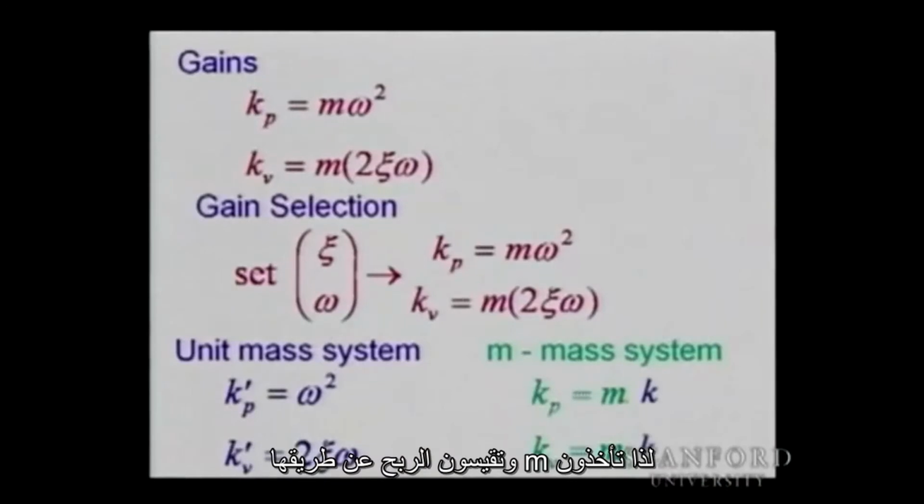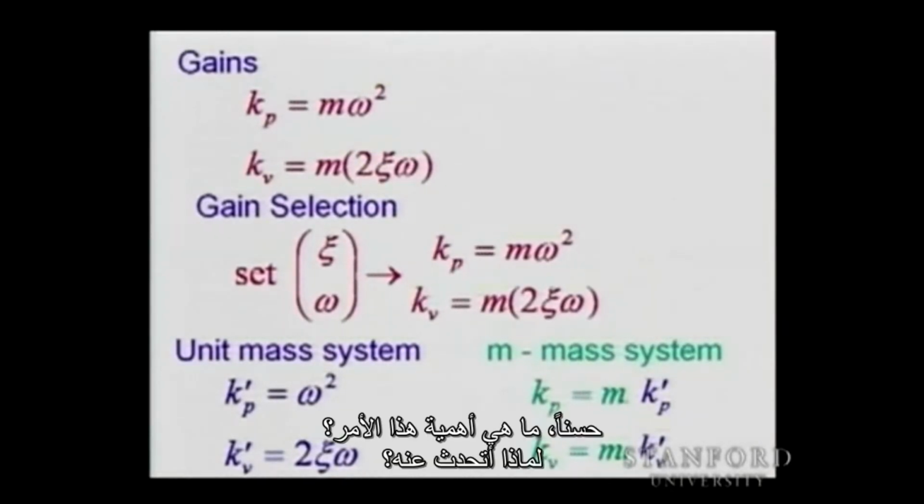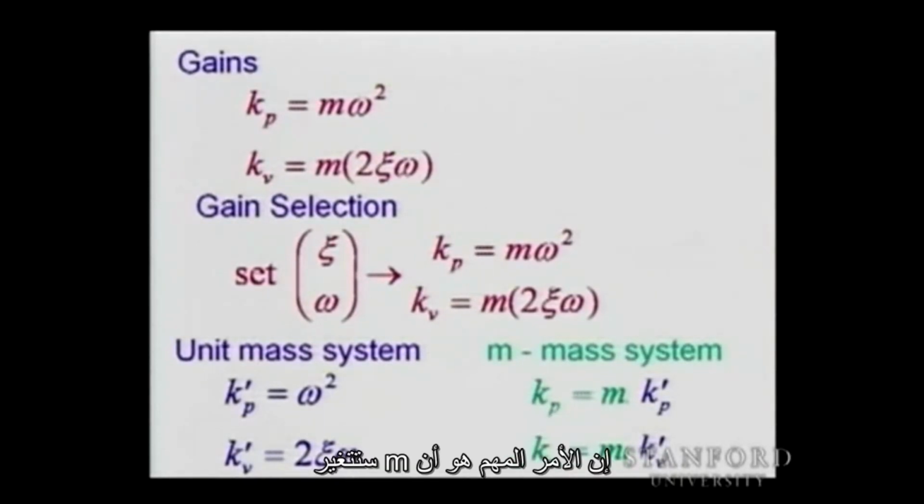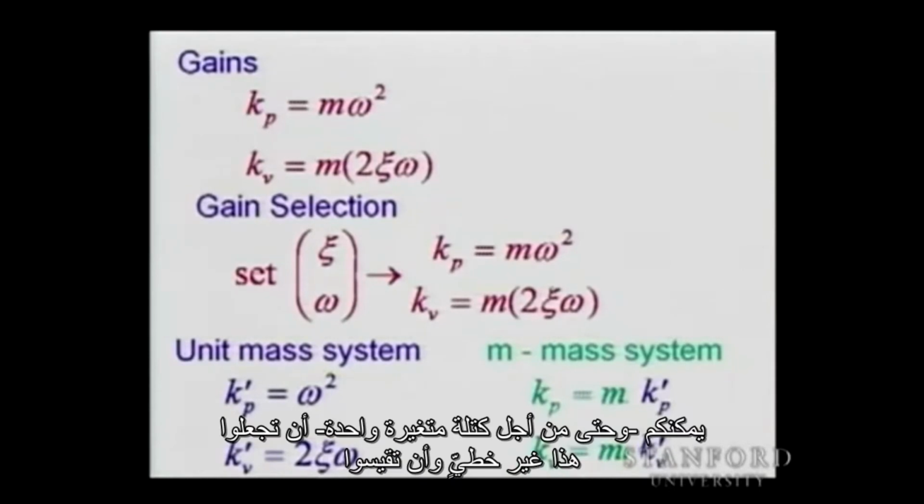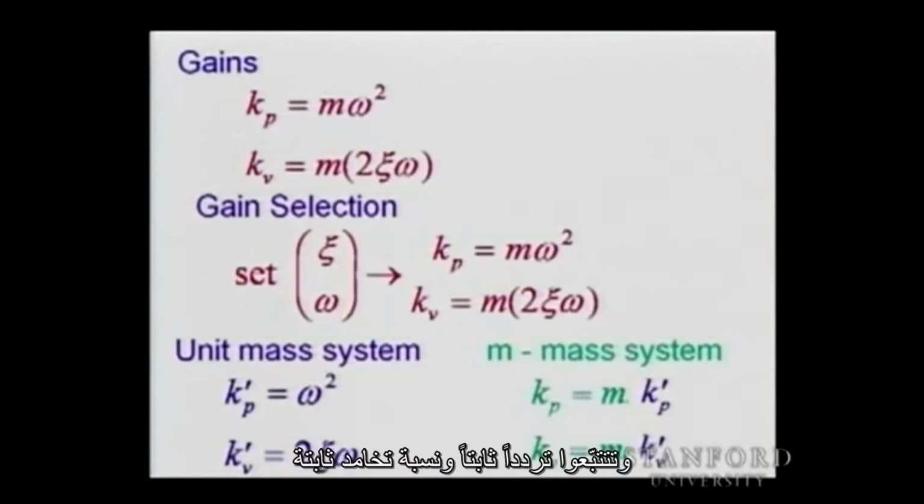So you take M and you scale your gains. Okay? Well, what is the big deal about this? Why am I talking about it? Well, the big deal is that M is going to change. So even for one changing mass, you can make this nonlinear and scale and track a constant frequency and constant damping ratio.